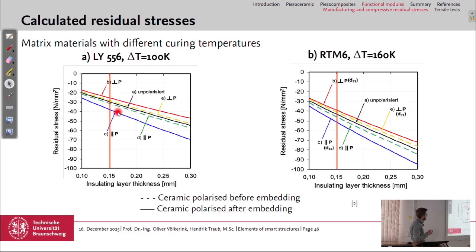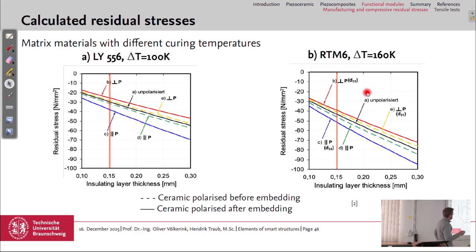With this, we get the highest amount of residual stress, compared to the green dashed line, which is again parallel to the polarization direction but polarized before embedding. And the same is for the transverse direction. The dashed line is polarized before embedding, and the solid line is polarized after embedding. So with the polarization after the embedding, we get higher residual stresses, which is good for our brittle ceramic material.